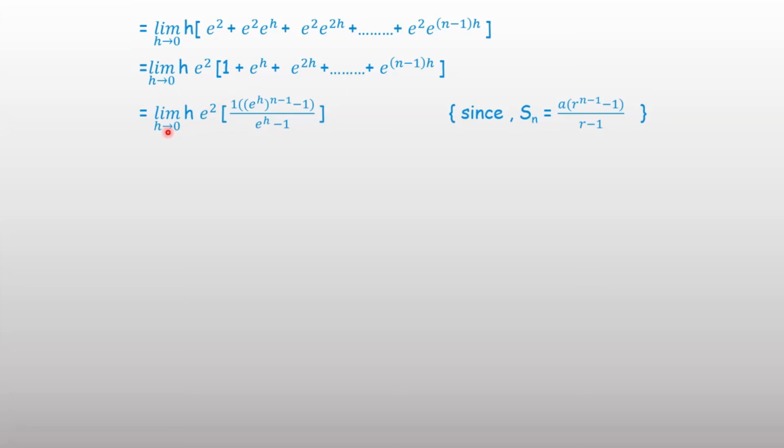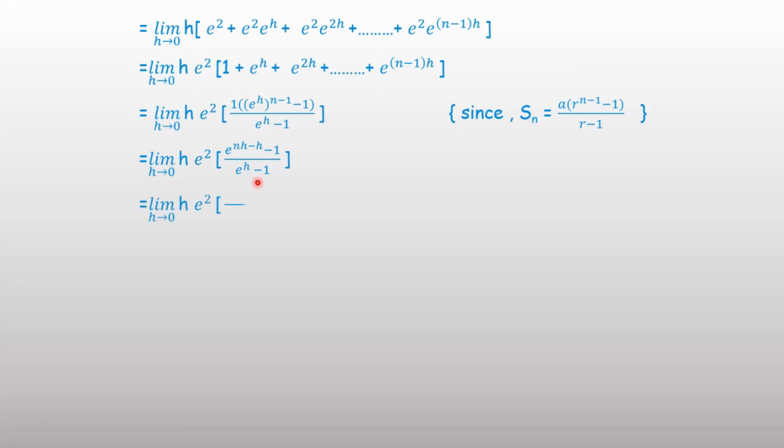Therefore, limit h tends to 0 of h into e square, inside the bracket, 1 is a, into (r power n minus 1) upon (r minus 1). Here the value of r is e power h. Then next step, limit h tends to 0 of h into e square, open the bracket, (e power nh minus 1) upon (e power h minus 1).